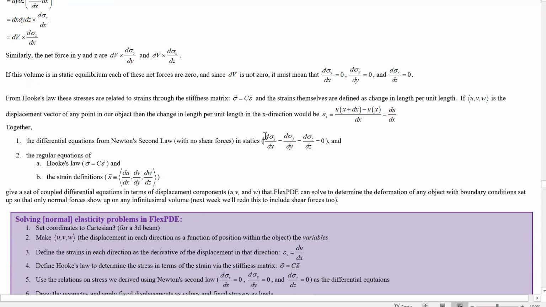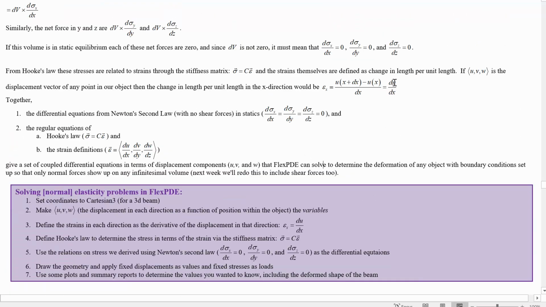We can start off with these as our differential equations, and then define the stresses in terms of the strains, and define the strains in terms of slopes of displacement, where displacement tells us how the object is actually deformed, and then we can find what those displacements are using FlexPDE to solve the differential equations for us.